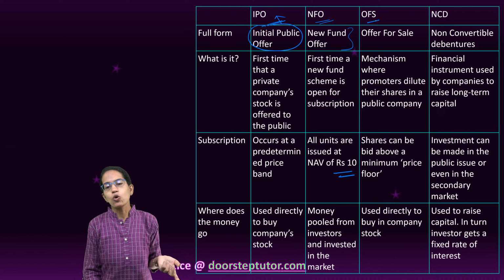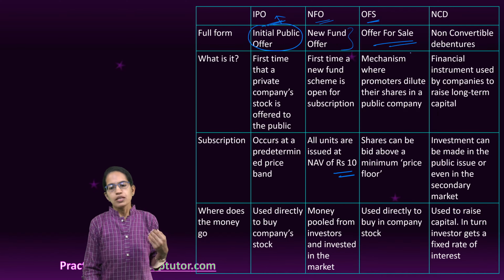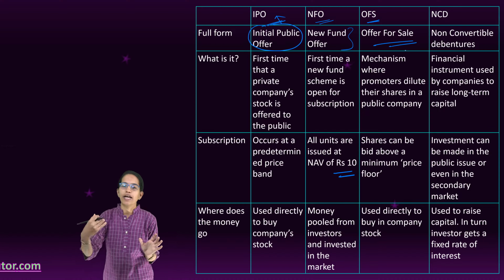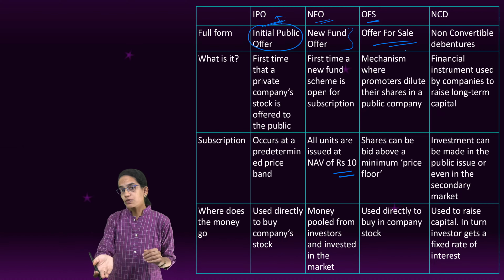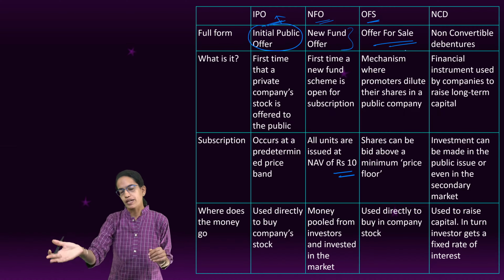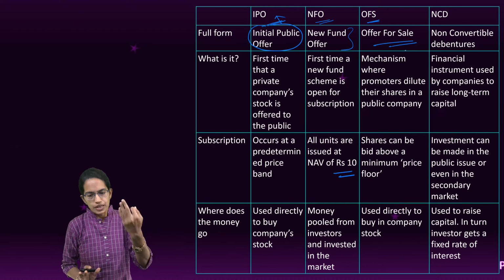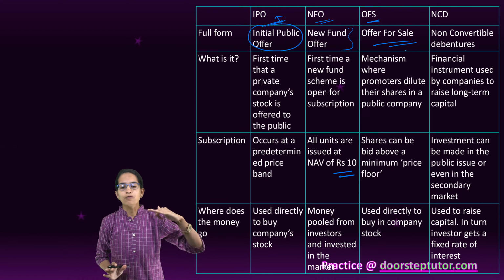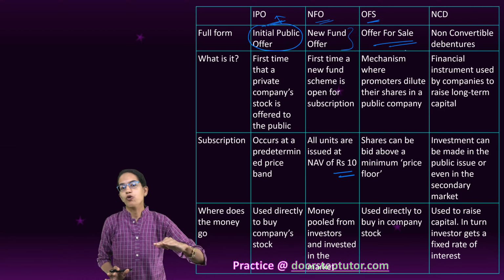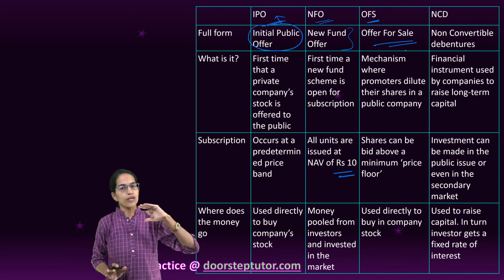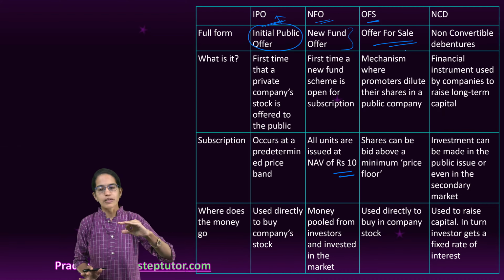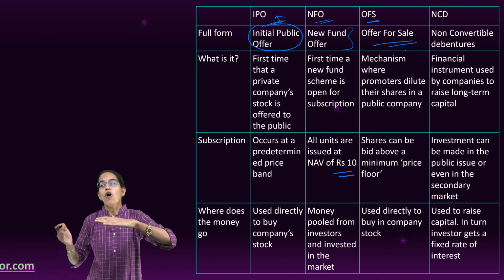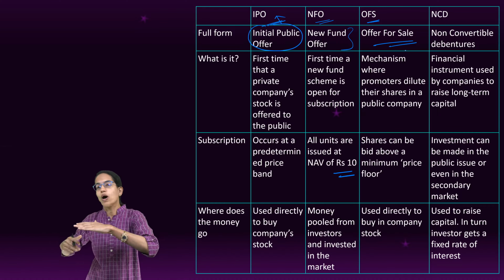The next is OFS, offer for sale. Here, the promoters of the company would dilute their share and provide it to the public. When they are providing it to the public, the shares would be bid at an amount above a minimum floor price. What is floor price? We have already covered it in our economics lectures. A floor price is a limit imposed on how low a price can go.